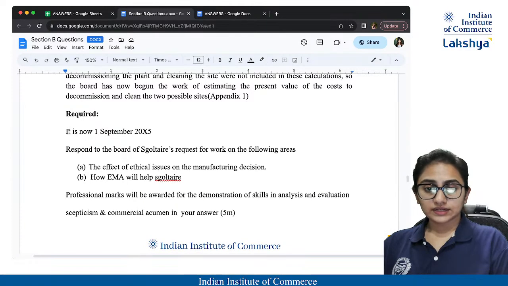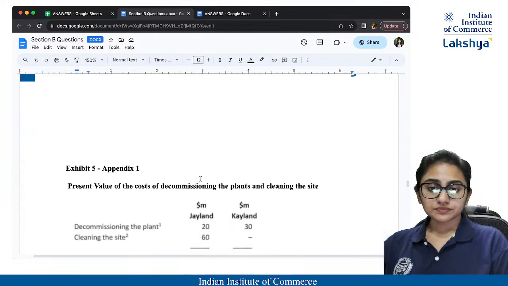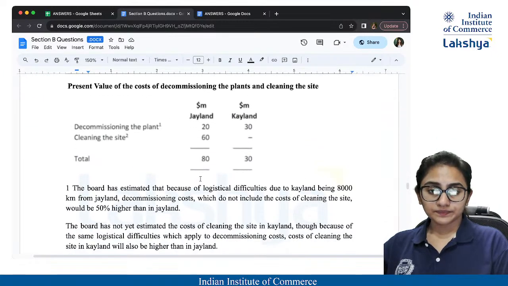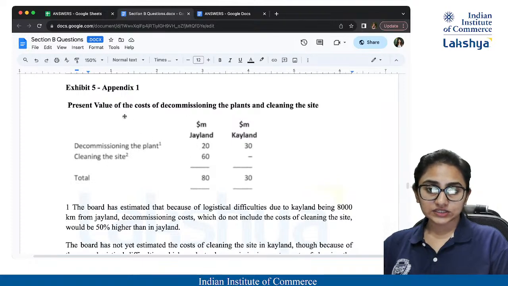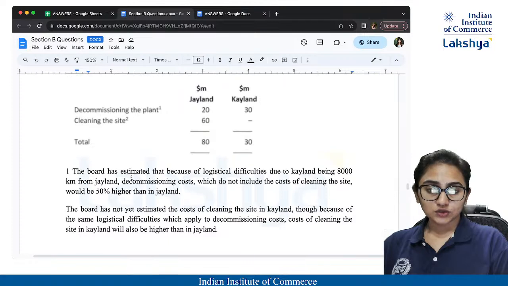So again, we read the requirement. This is Appendix 1: decommissioning the plant in J-Land and K-Land, the cost of cleaning the site in J-Land and K-Land, and the total.